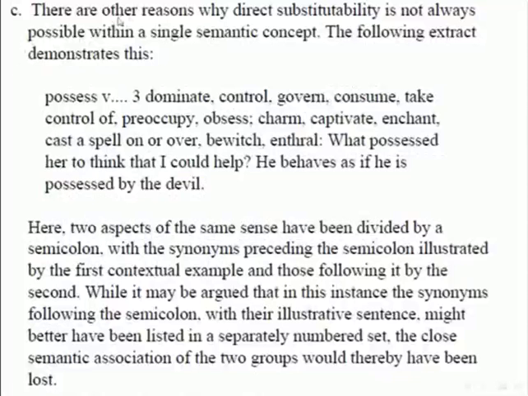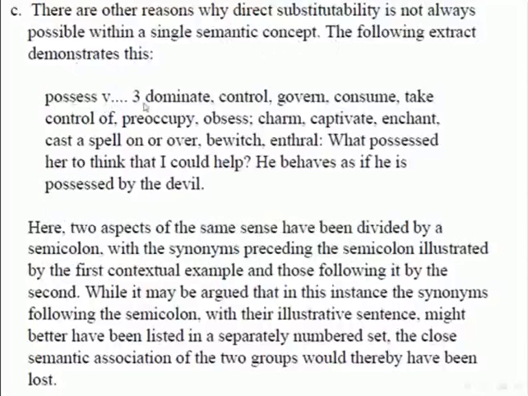C. There are other reasons why direct substitutability is not always possible within a single semantic concept. The following extract demonstrates this.